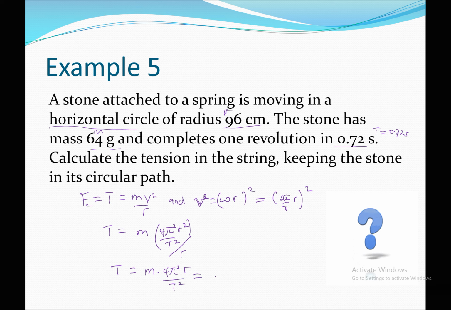So I'll just substitute. The mass is 64 times 10 to the power of minus 3 to change it to kilograms, times 4 pi squared times r, which is 96 times 10 to the power of minus 2 to change it to meters. Divide this by the period, not tension.